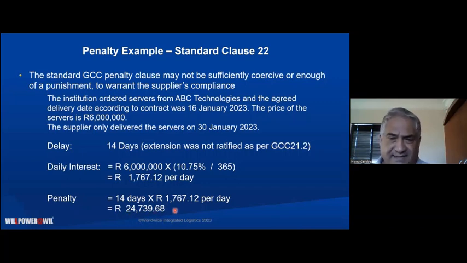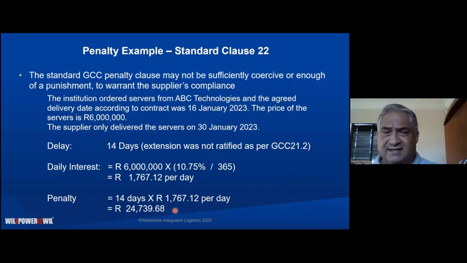If it was a 600,000 Rand equipment item, for those 14 days it would only be a 2,400 Rand penalty. Now, if every day that you're late you're losing, let's say, 2 million Rand, then 24,000 Rand is not significant.